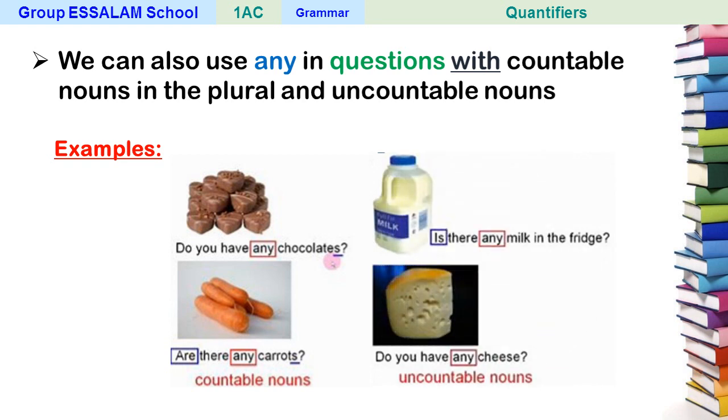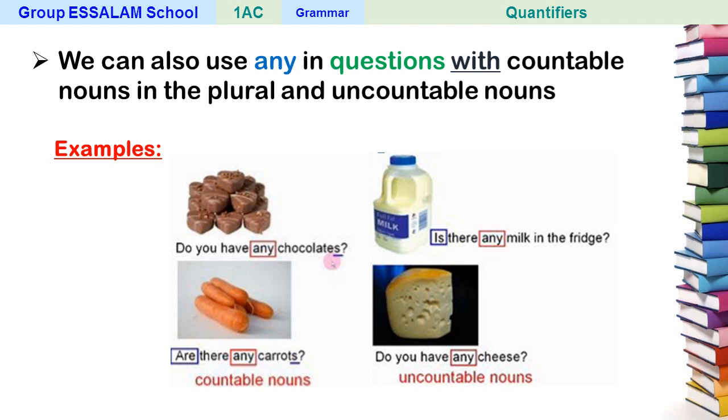Is there any milk in the fridge? This is also a question. It is an interrogative form, yes or no? And that's why we use any here. But in this example, we have an uncountable noun, which is milk.